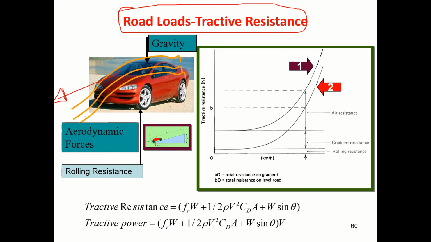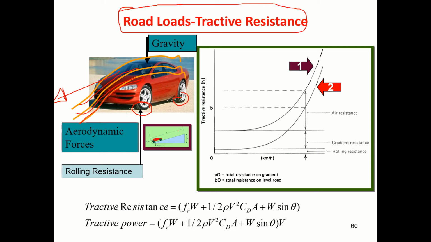You can see one of them is the aerodynamic resistance. Another one is the rolling resistance. And whenever it is on a level road, there will not be any gradient resistance.